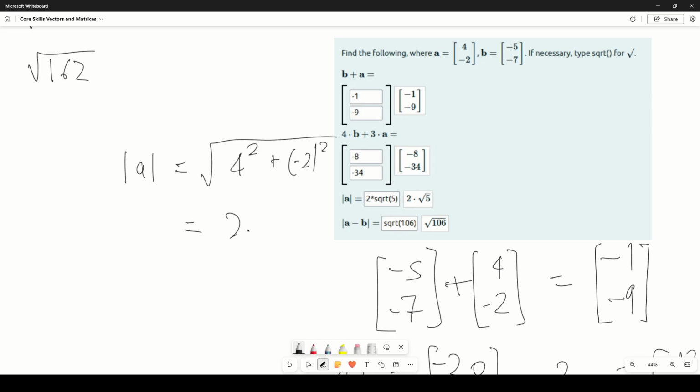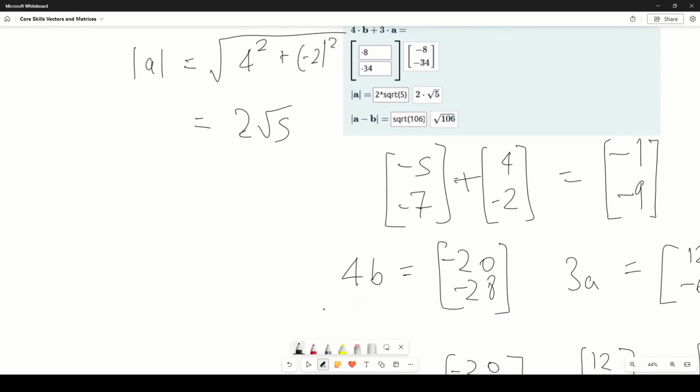It'll give you the answer is 2 root 5. But if you worked this out by squaring, that would be 16 plus 4, which gives you 20. Then you would get the answer as root 20. And both should be fine here.